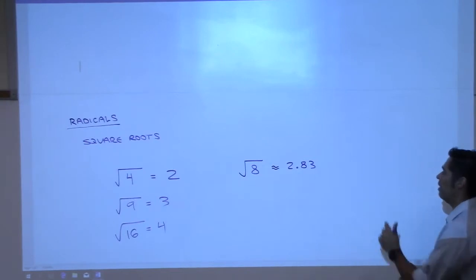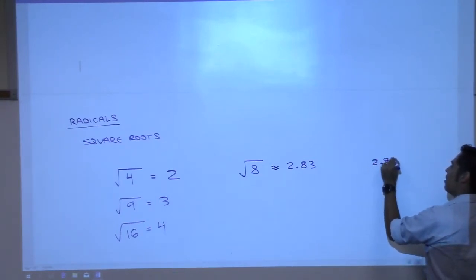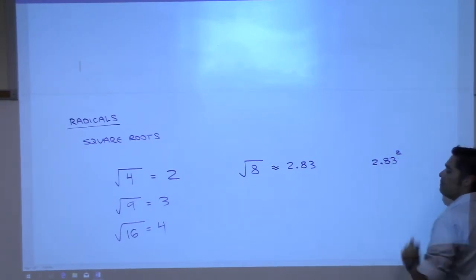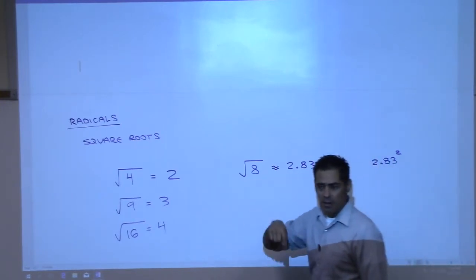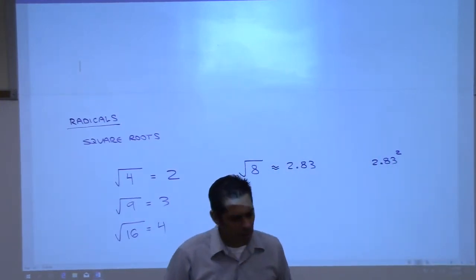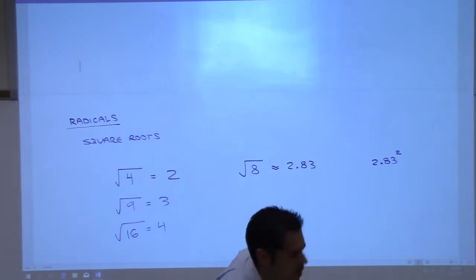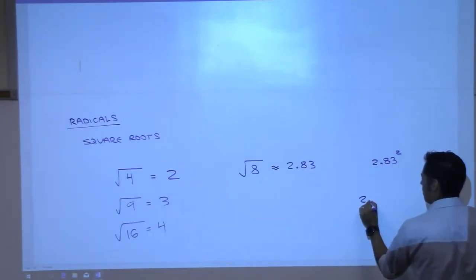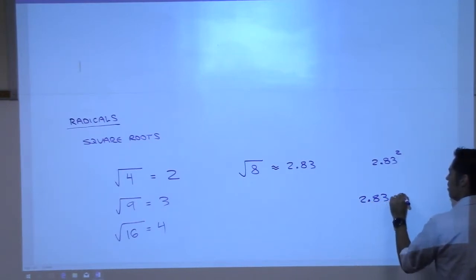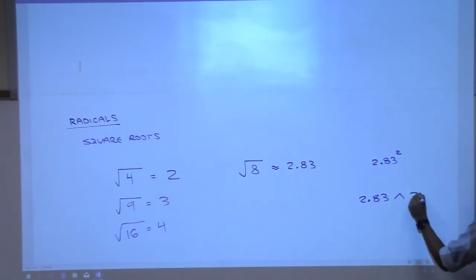So now let's just check it. Take 2.83 and on your calculator square it. You should have a square key on your calculator. I believe on, let me just look over here. Yeah, you have a square key on there? No. On the calculator you're supposed to have for this class, you can use this key, called the caret key, and then put 2. And that will square whatever you put here.